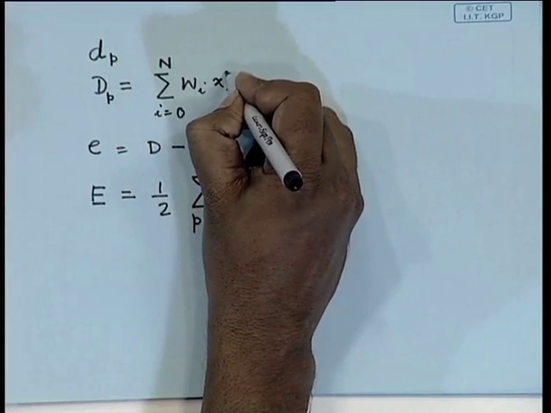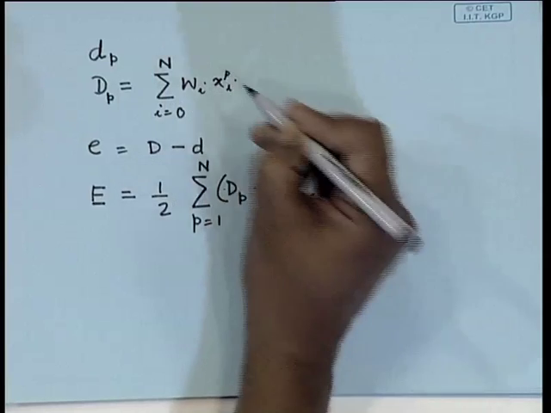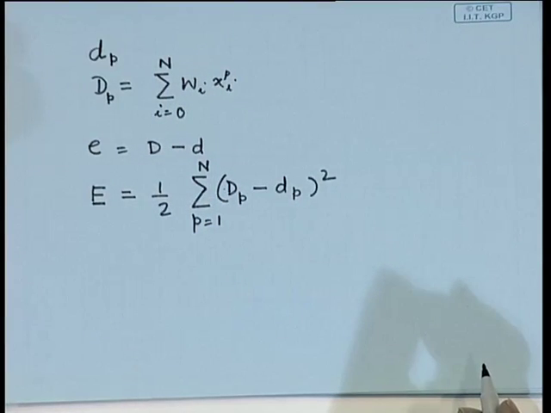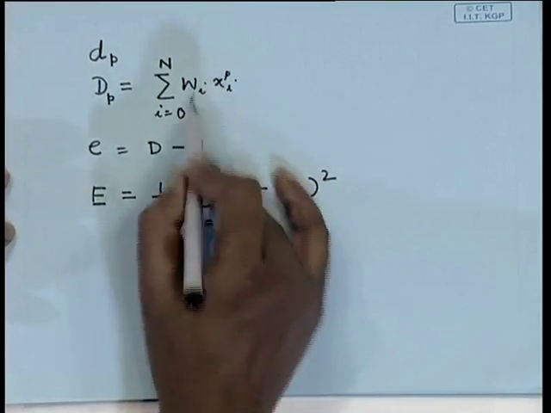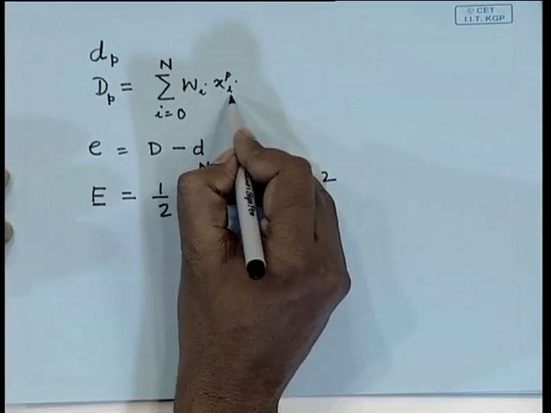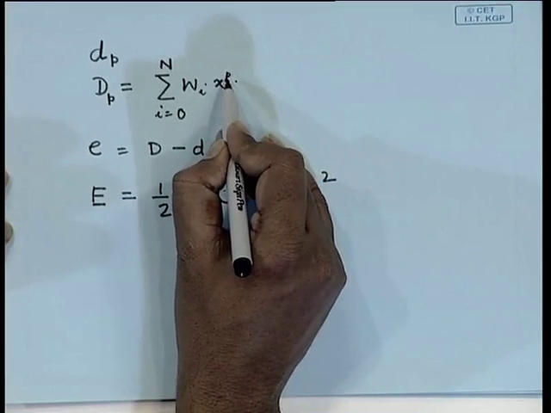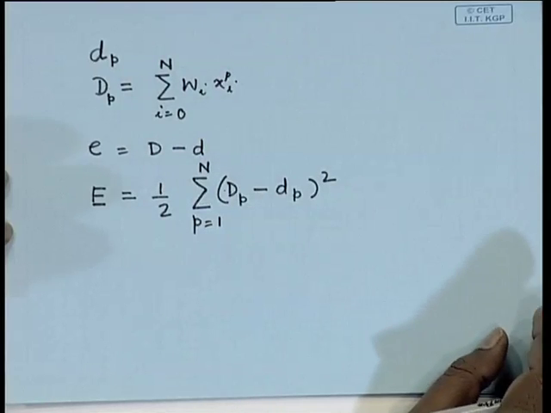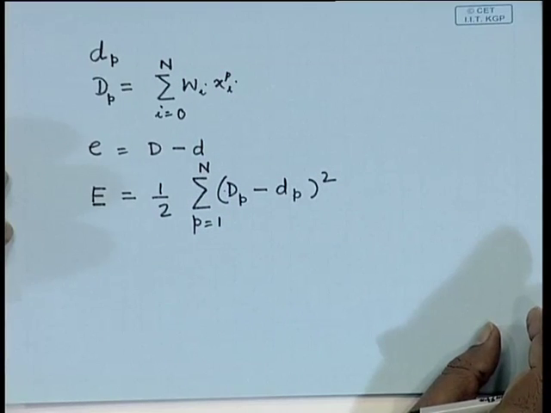You mean to say that I should put it like this? Does it really matter? If it is the pth sample, I can put it like this also. So, this is the ith component of the pth sample. You can put it like this.